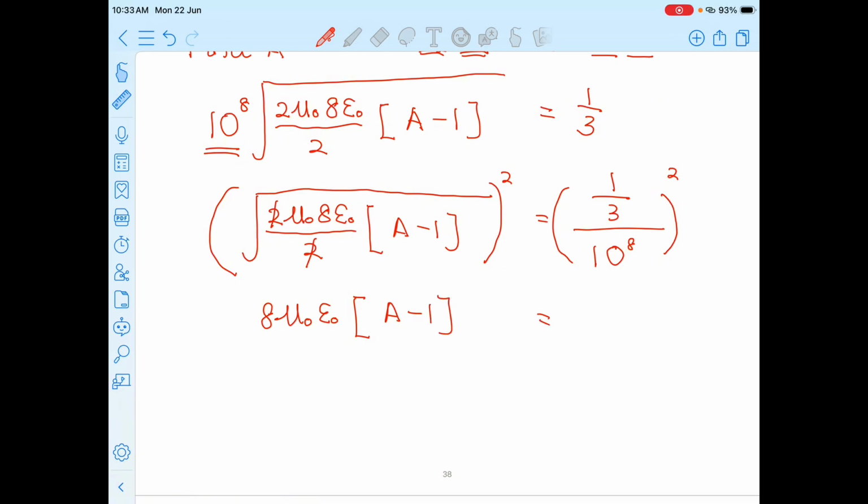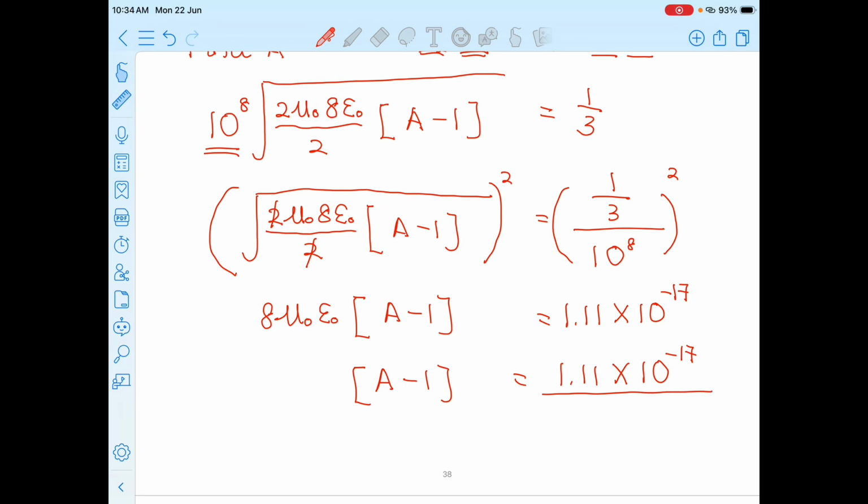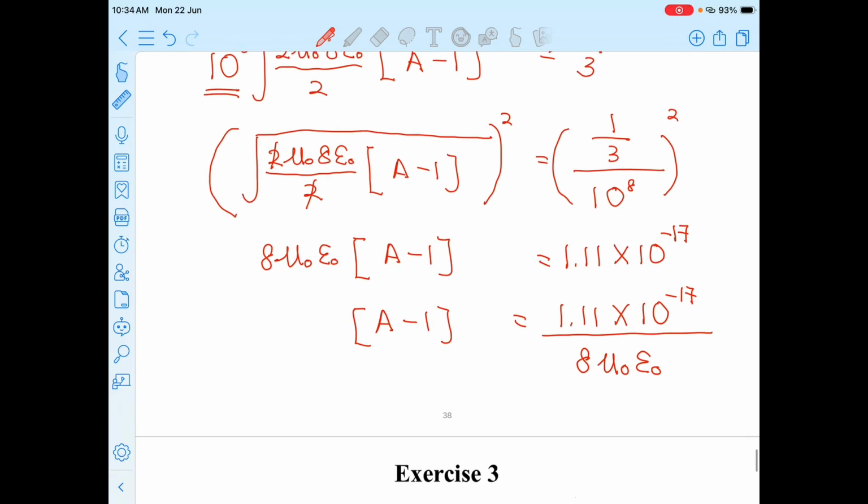So let's try to calculate this. You get 1.11 times 10 power negative 17. And now you want to find A minus 1, so you are going to take this 1.11 times 10 power negative 17 divided by 8 mu naught and epsilon naught.